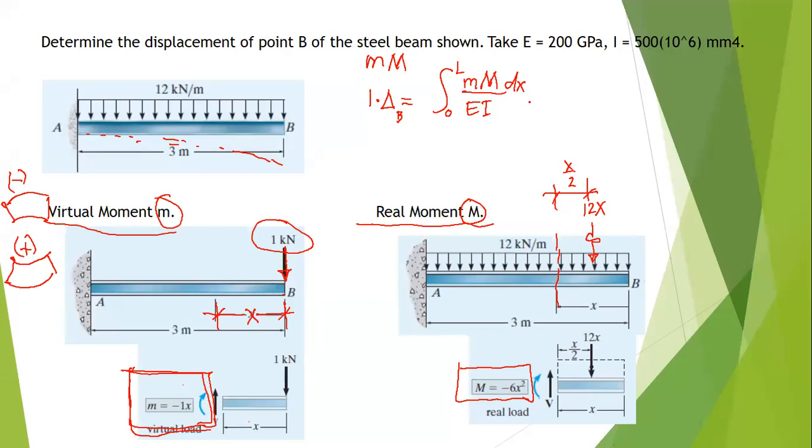Which is equal to, what is the total length? Starting here, 0 to 3. So that will be our limit. And small letter m is simply equal to negative 1 times x, and this M here is equal to negative 6x squared dx over 200 EI.